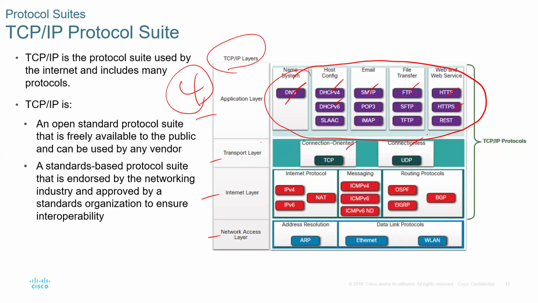TCP, UDP, no excuses. IP, NAT, ICMP, OSPF, you definitely need to know these protocols because you will encounter them very frequently. ARP, Ethernet, wireless LAN, we encounter those as well. You need to know their function and which layer they belong to.